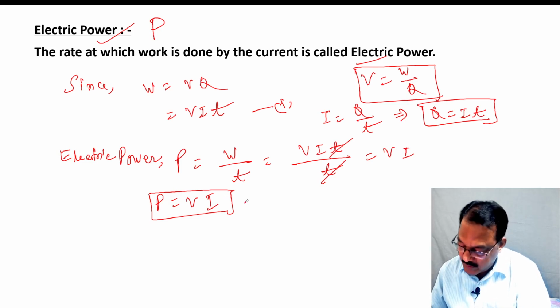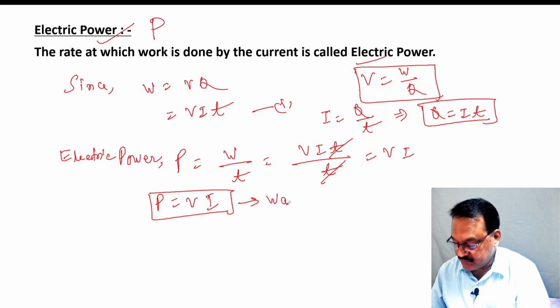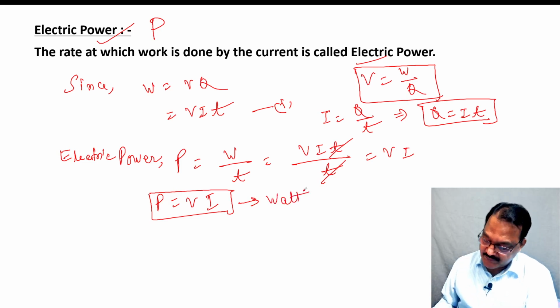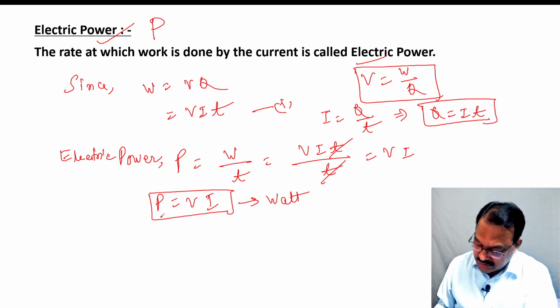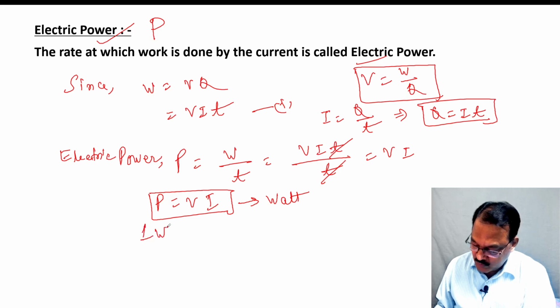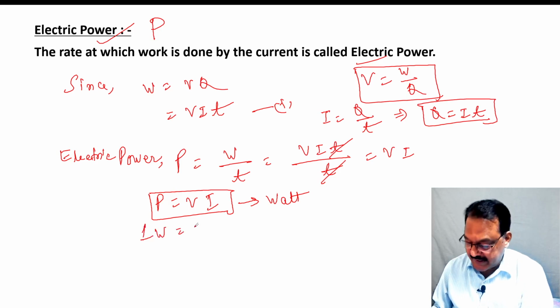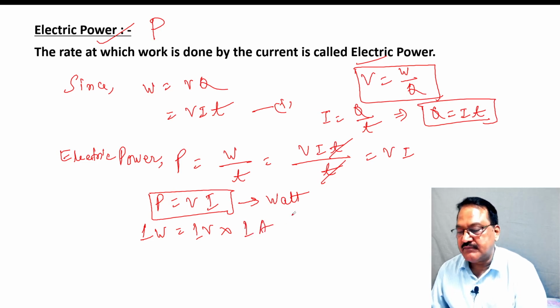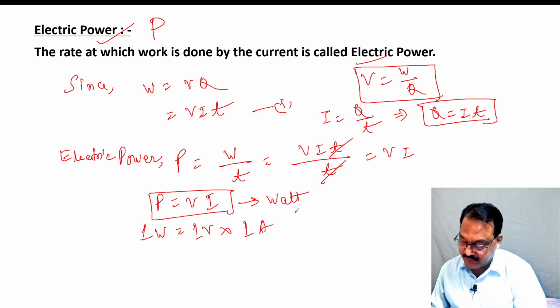Okay, and what is the unit of power? The unit of power is watt. So let's suppose this P is equal to 1 watt. In voltage we have taken 1 volt, and current we are taking here 1 ampere. So how can we define it?